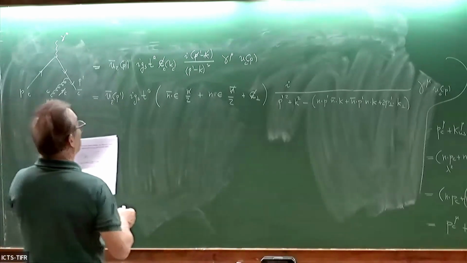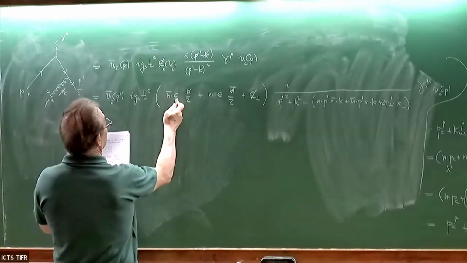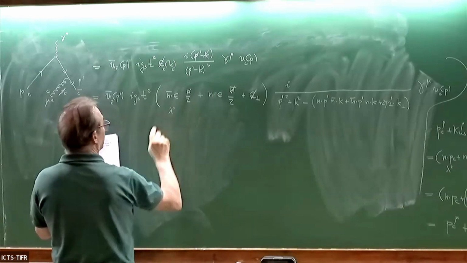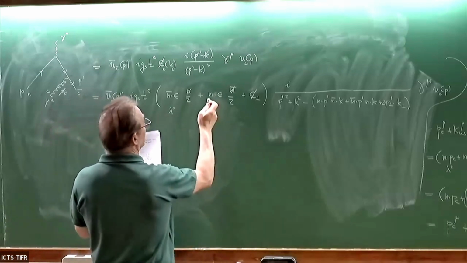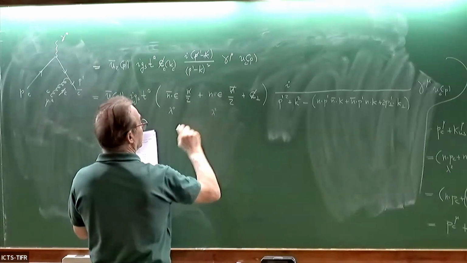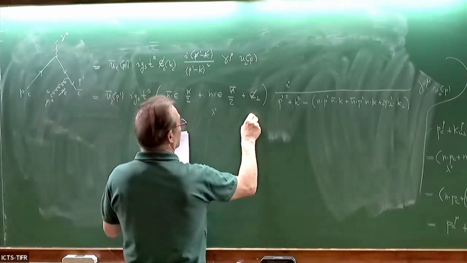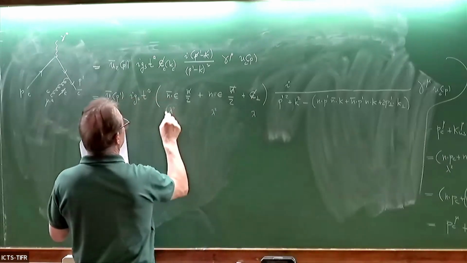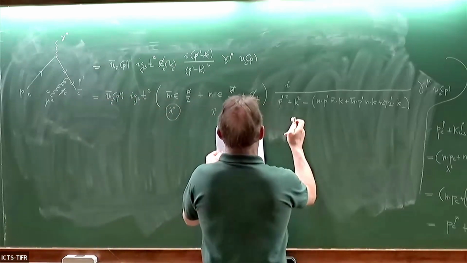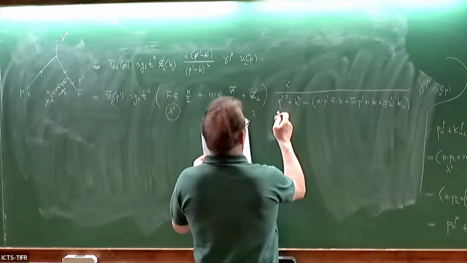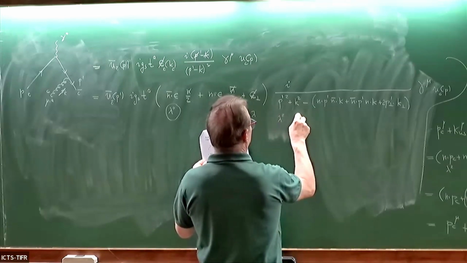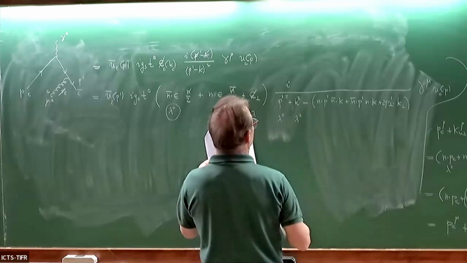Now I assign my power counting. For a collinear field, n bar dot epsilon, the n bar component, is unsuppressed, lambda to the 0. The n component of the collinear gluon field is lambda squared suppressed. The perp component is lambda suppressed. Collinear momentum squared is order lambda squared, and K squared is also order lambda squared.